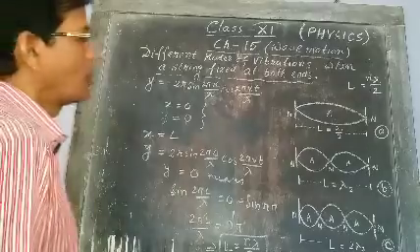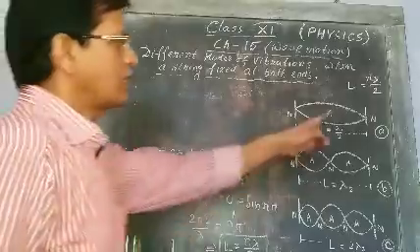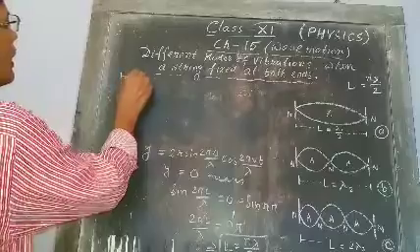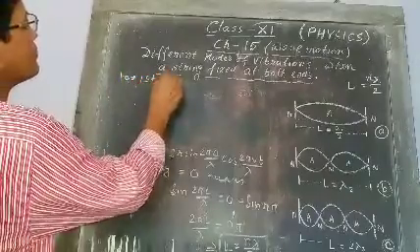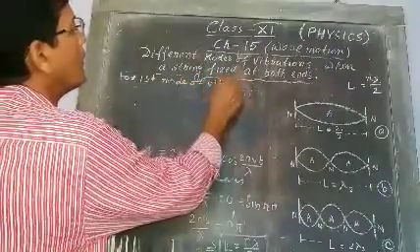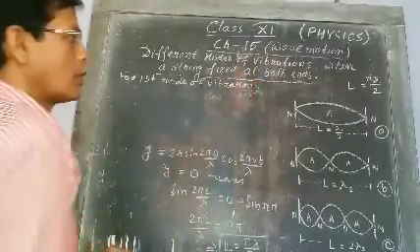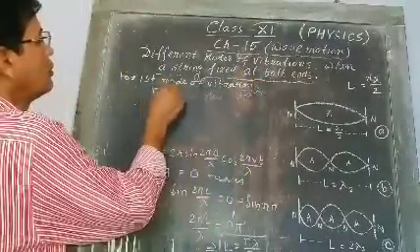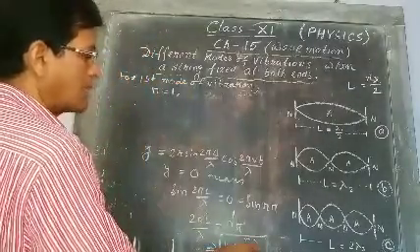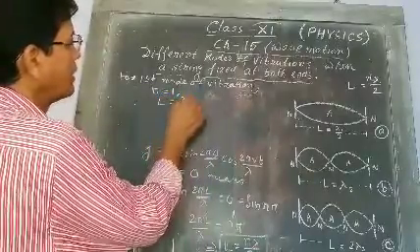Now you see, for the first mode of vibration, n equal to 1. If n equal to 1 and lambda is lambda 1, we get L equal to lambda 1 by 2.